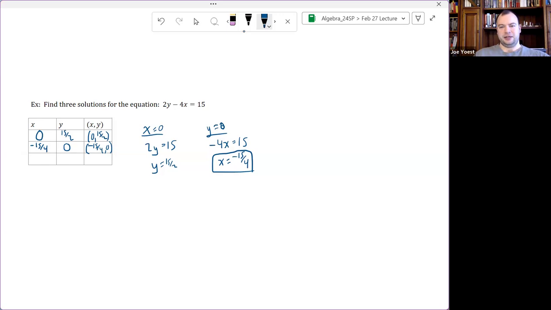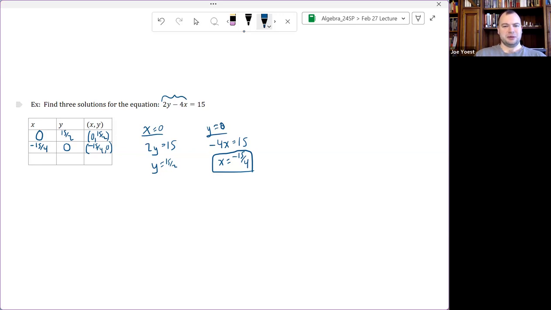And now I have to find another choice. I see that I'm not going to have a particularly nice integer solution, right? If I pick x and y being whole numbers, integers, my left side is always going to be even, my right side is odd. That's not going to work out so nice.